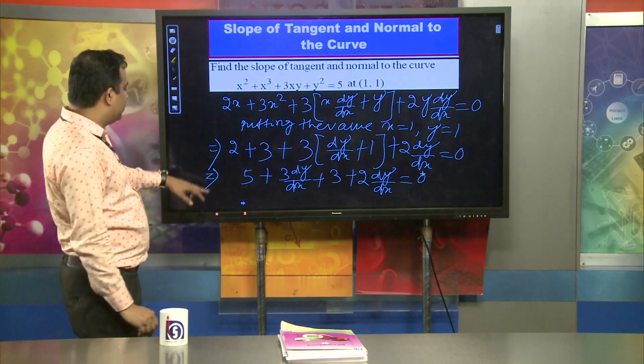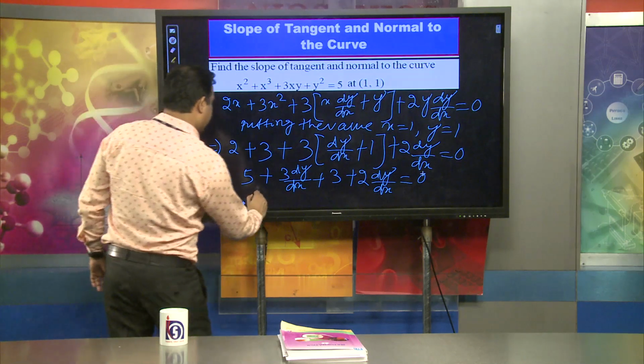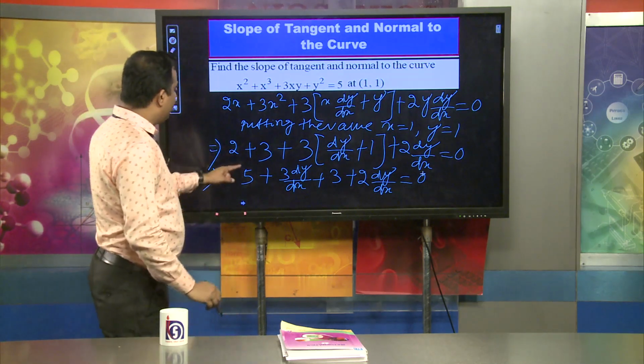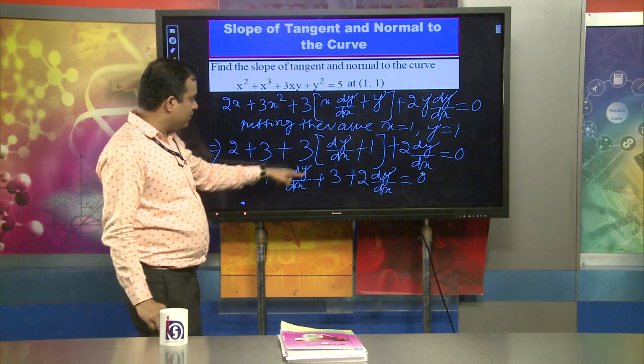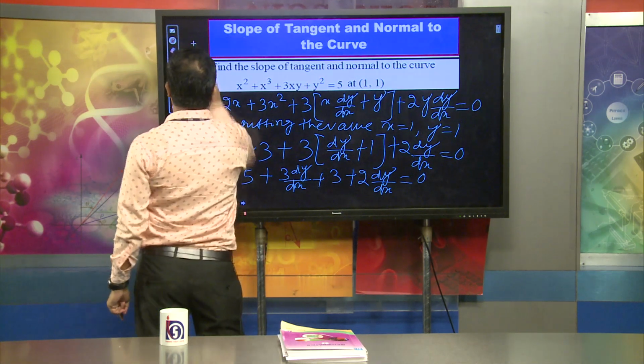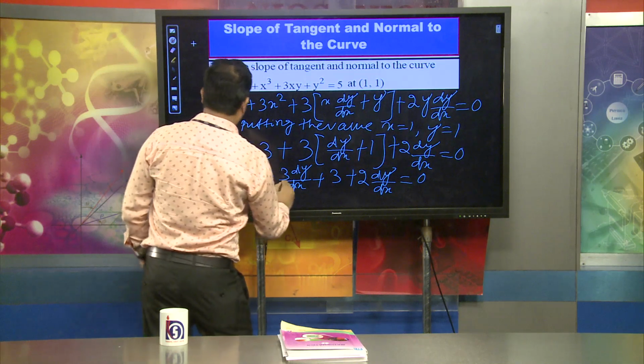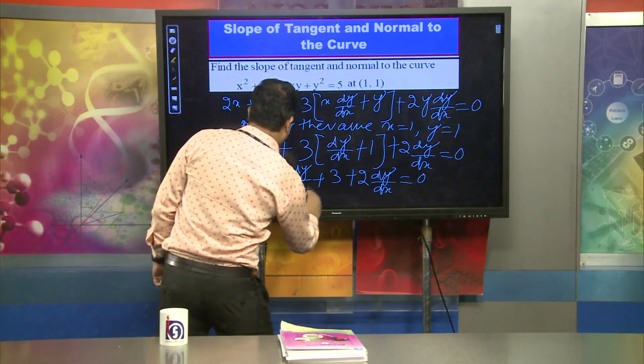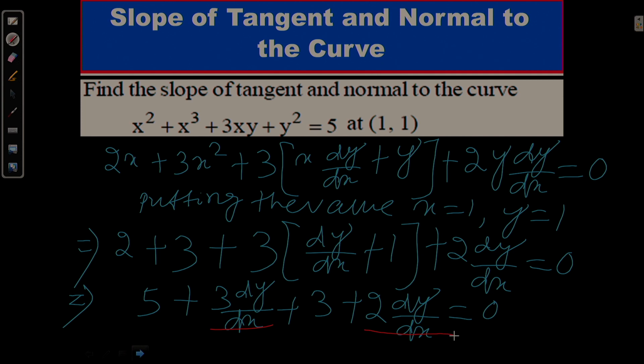Now, you will see 5 plus 3 dy by dx plus 2 dy by dx. When we add the two things, 3 dy by dx and 2 dy by dx will be added, which equals 5 dy by dx.